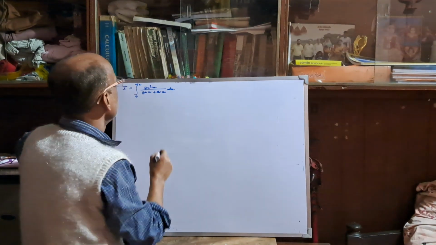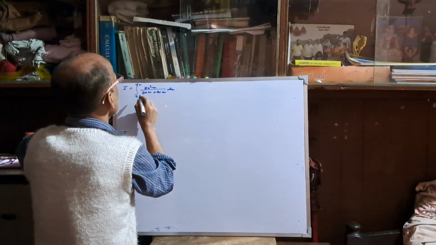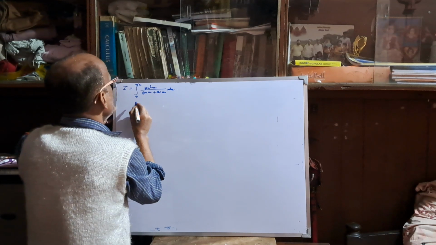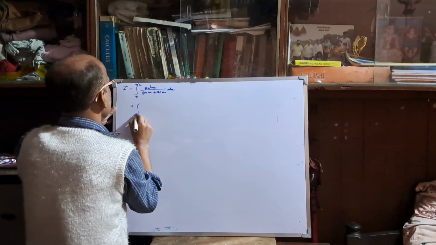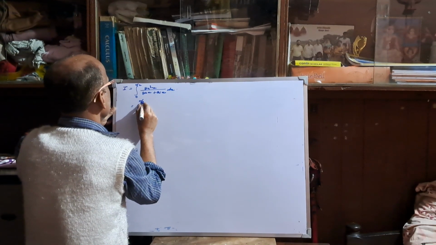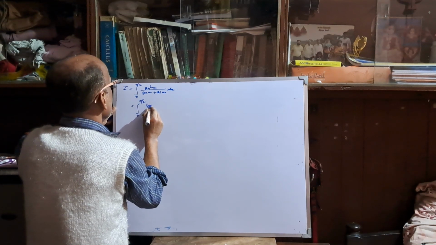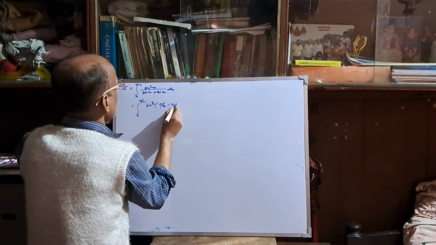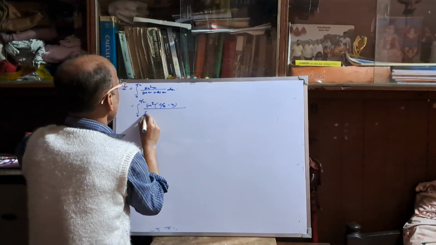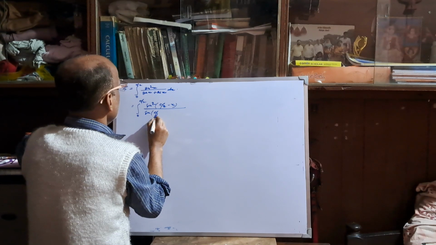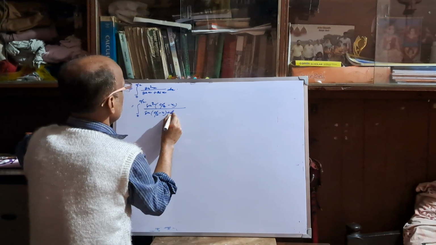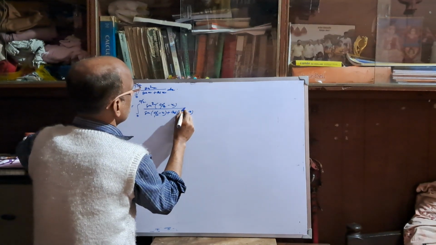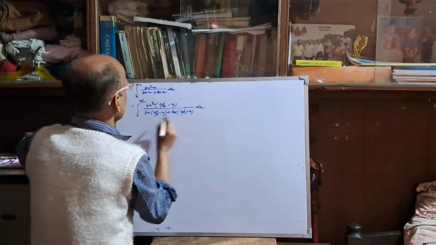We shall use here the formula: integral from 0 to pi by 2 of sin square (pi by 2 minus x) divided by sin (pi by 2 minus x) plus cos (pi by 2 minus x), dx.